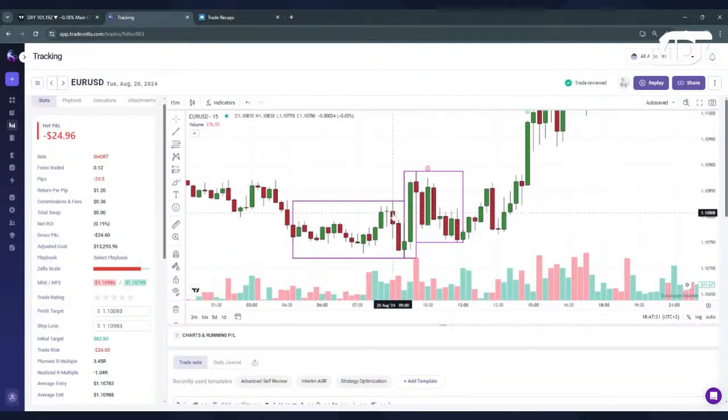What threw me off here was that this was at 9 o'clock when London opened. And so I was a bit confused by this move that started trading a bit lower. I didn't take this as the protraction.